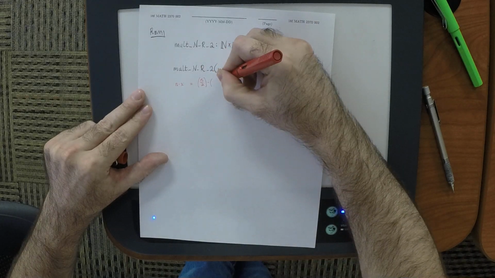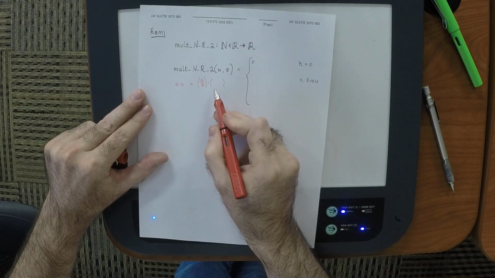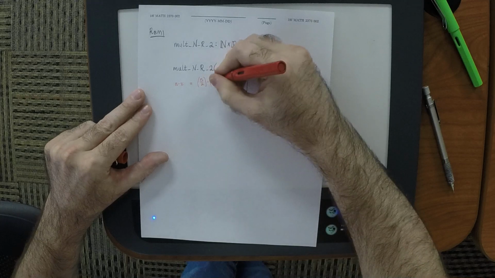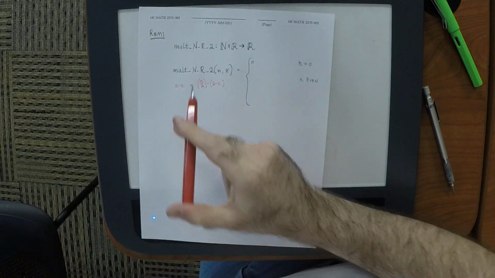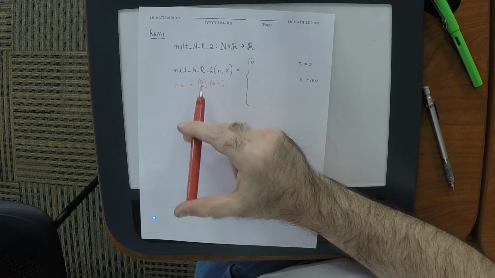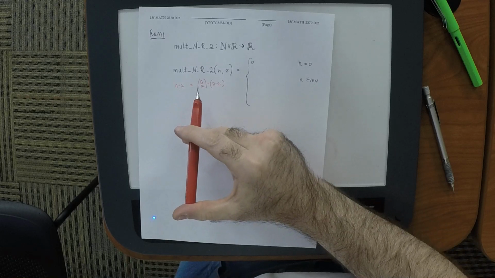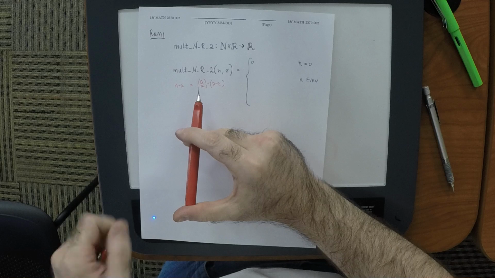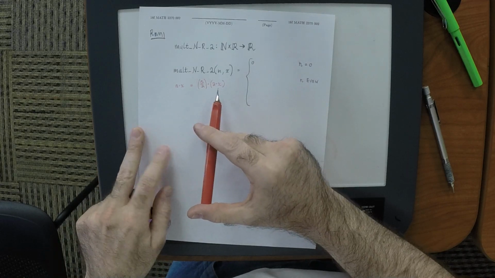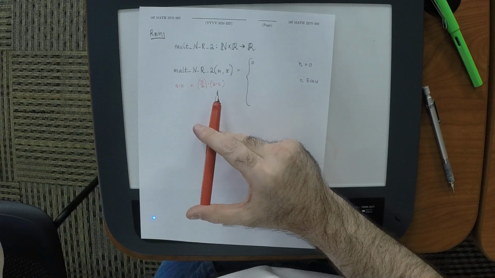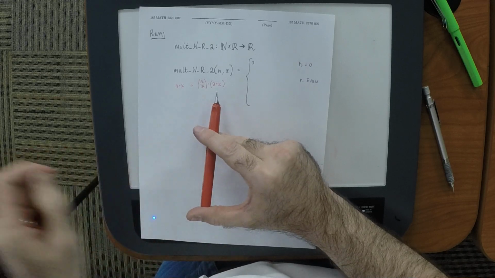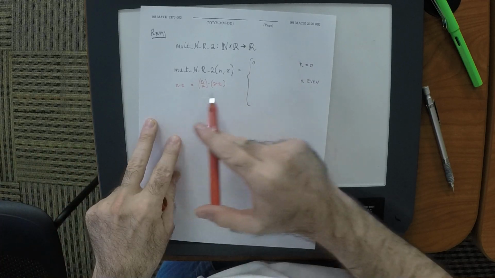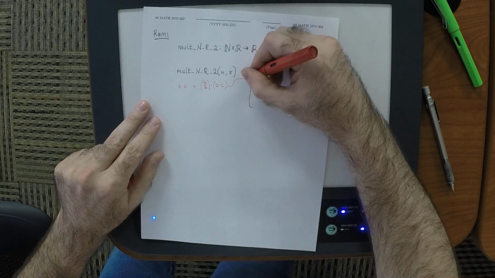What do I need to put in here for this to be right? 2 multiplied by x, right? So when n is even, this division is cheap. That's shifting the point one position. And x is just a real, that's shifting the point in the other direction. So this is a left shift and a right shift.